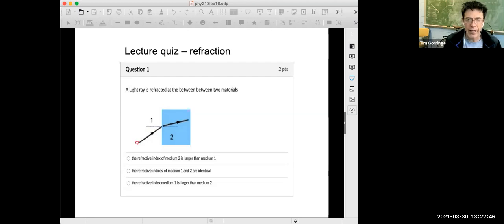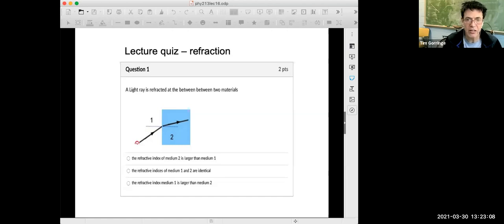When a ray travels from higher refractive index to lower refractive index, so that would be from, say, water to air or glass to air, then it's bent away from the normal, so that the refracted angle would be larger.